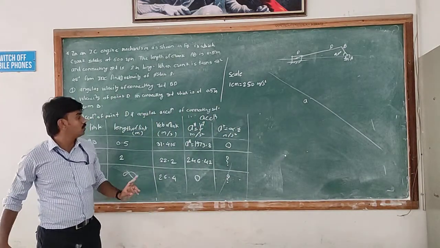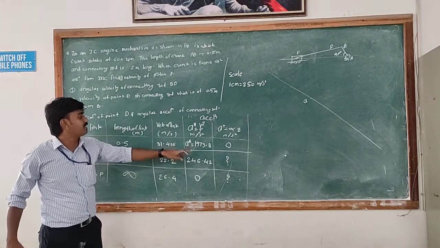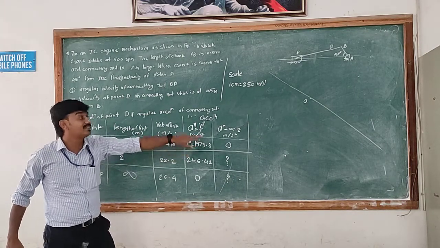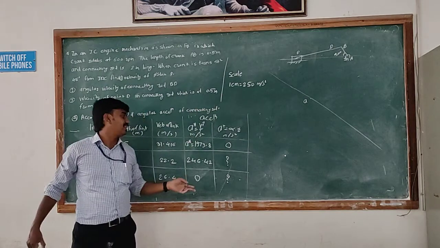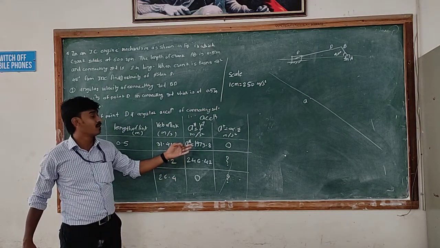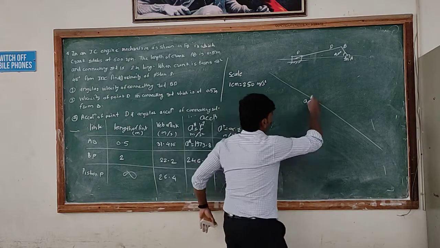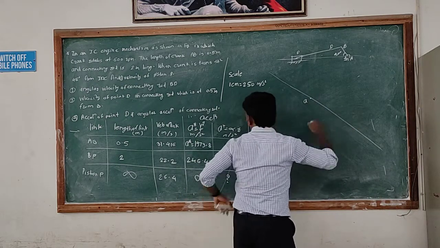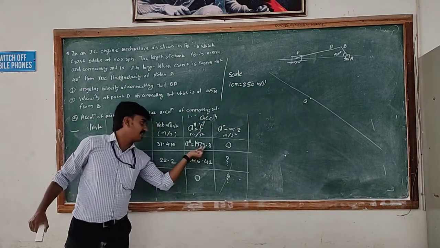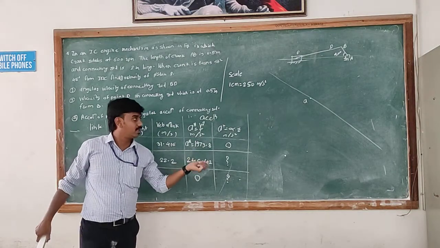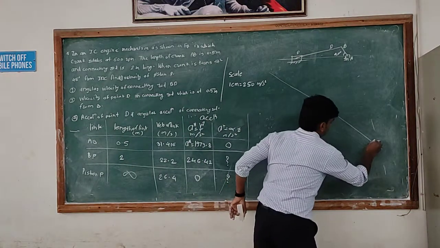So take a scale and convert this value into centimeters using this scale. It becomes, I think, 7.8 or something. So from point A, convert this 1973.8 into centimeters and mark the point B here.